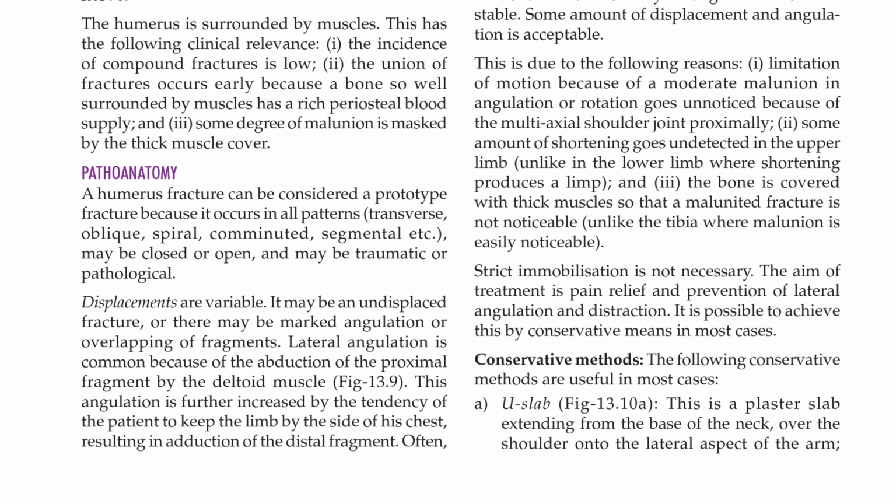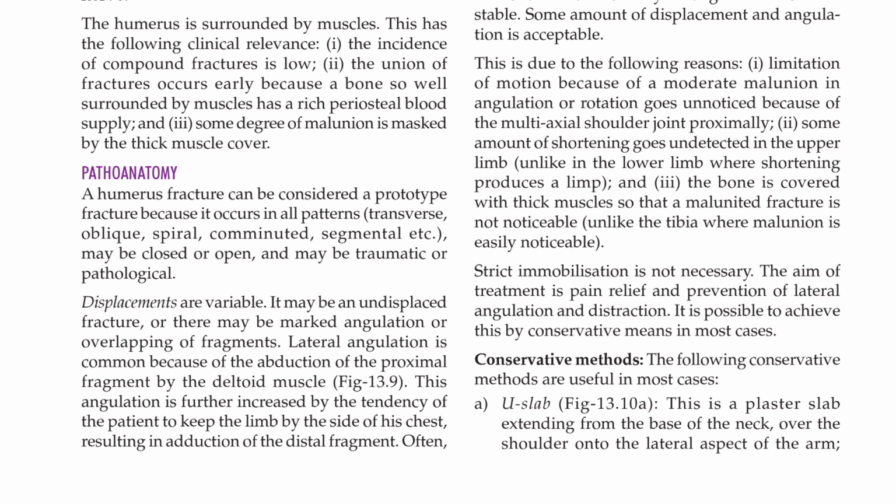पैथोएनाटोमी फिर से पढ़ते हैं. The humerus can be considered a prototype fracture because it occurs in all pattern: transverse, oblique, spiral, comminuted, segmental. May be closed or open, may be traumatic or pathological. So displacement are variable. It may be an undisplaced fracture, or there may be marked angulation or overlapping of fragment.